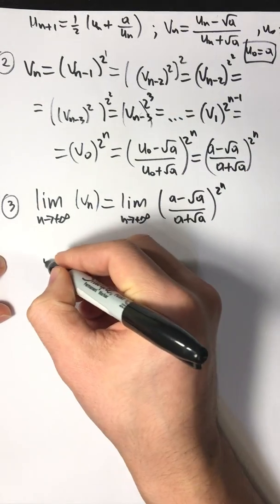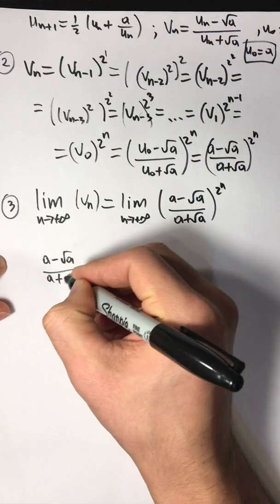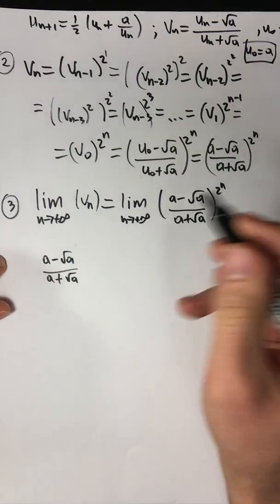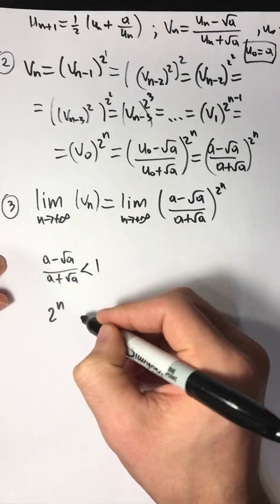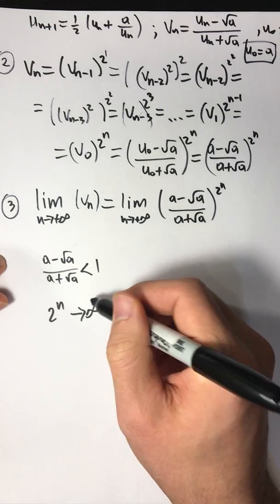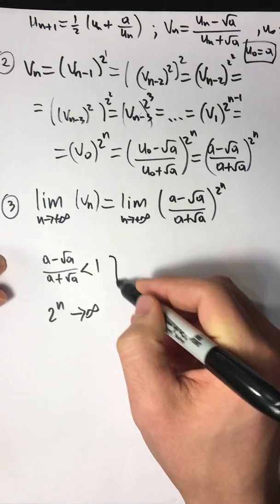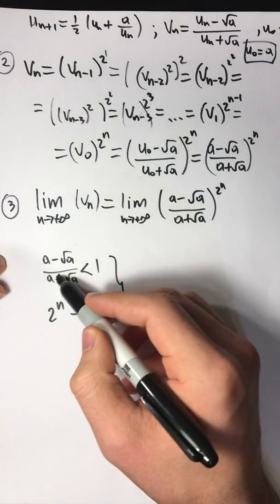So in here, a minus root a over a plus root a, I want you to use your brain if you have one, is less than 1. Why? Because 2 to the n goes to plus infinity. And why is it less than 1? Because the numerator is less than the denominator.